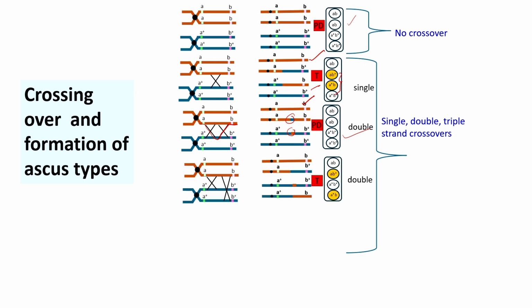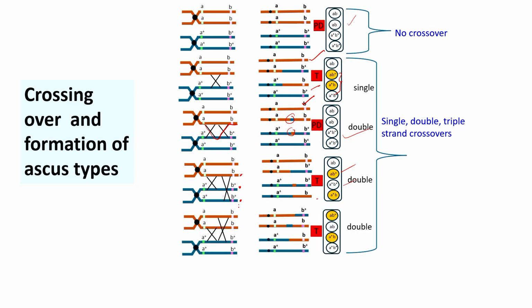If again there are two crossovers but involving 3 sister chromatids, see, there are 3 sister chromatids involved in this recombination. And when 3 sister chromatids are involved, you get the tetratype. So there is one combination here, another here, and that is when you start getting the tetratype combination.